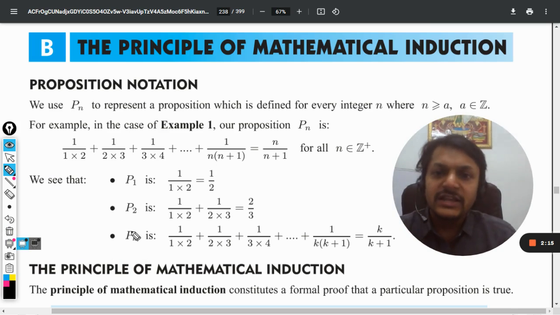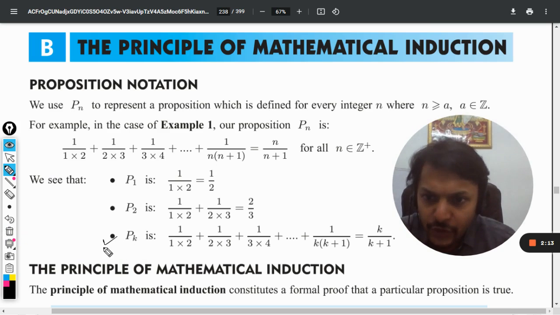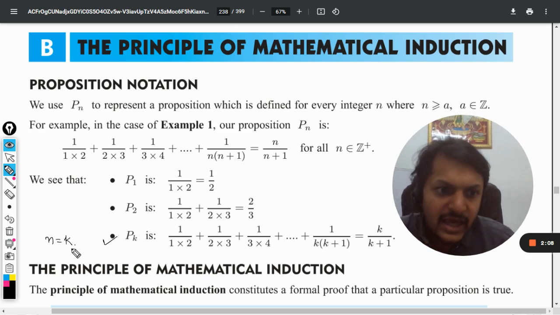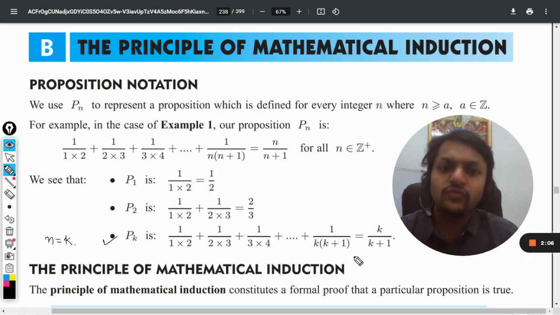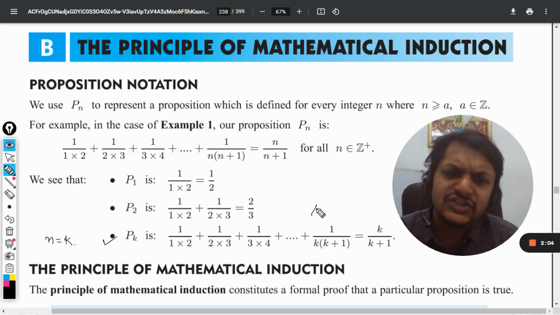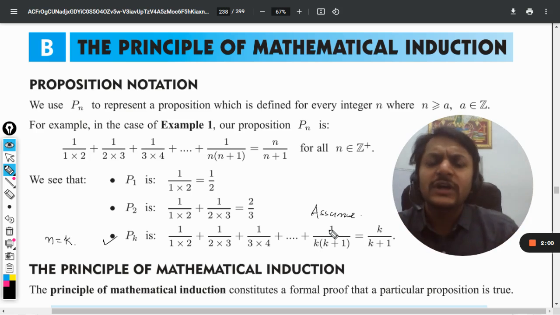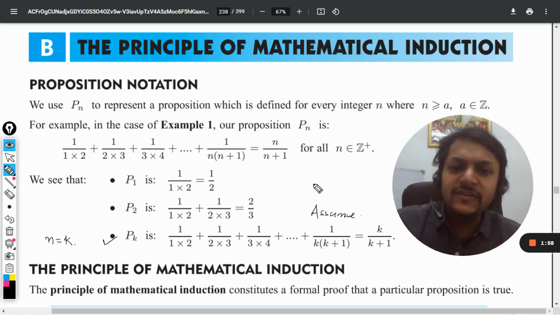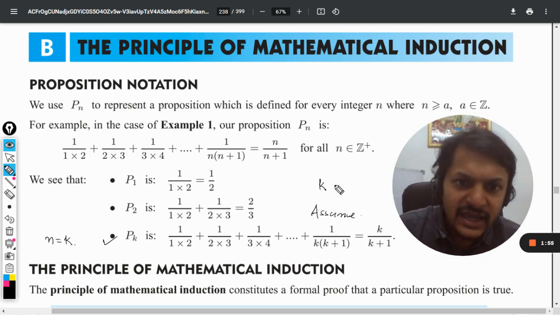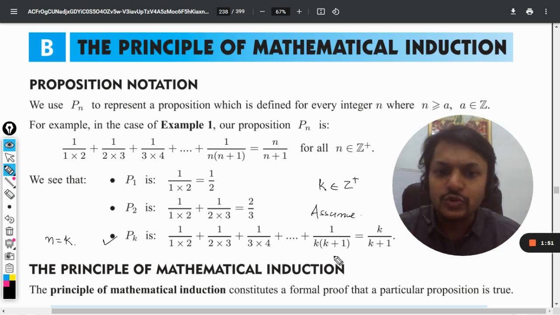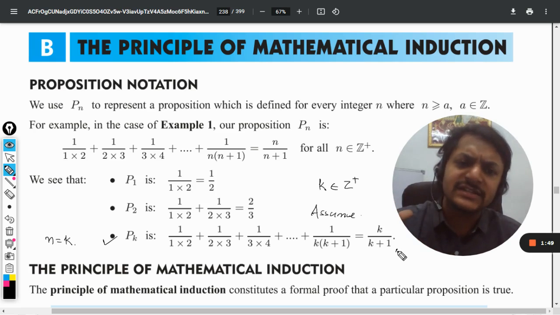First of all, we take n is equal to k, and then we create one equation, and we assume that for any value k, an element of the positive integers, any integer you can choose, this is correct.